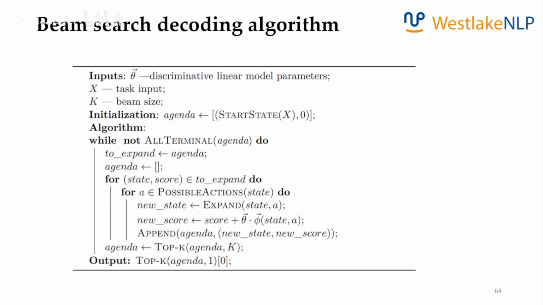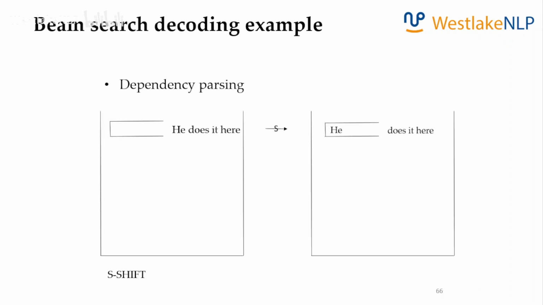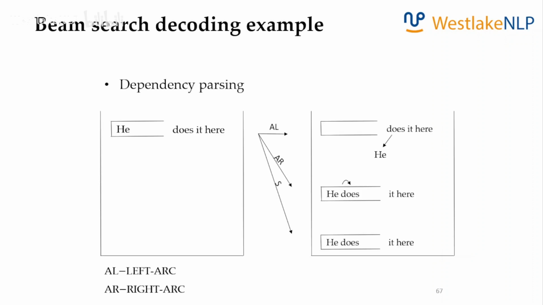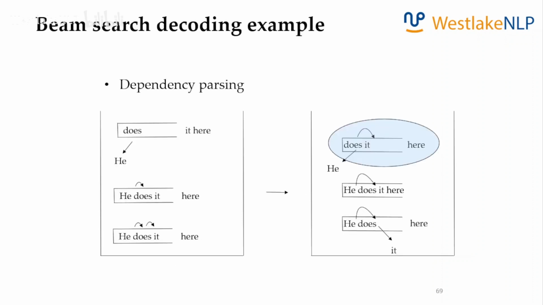Let's recap. So initially, the agenda contains only the beginning state. And then we apply shift to result in a new agenda. Then we apply 3 different actions to result in a new agenda. Then for each item in the agenda, we apply new actions and we leave the highest scored ones in the agenda.